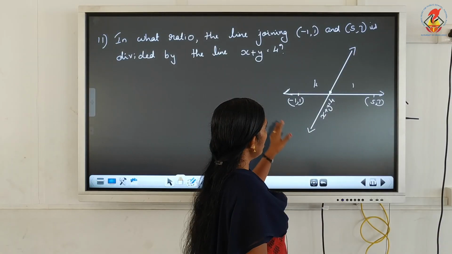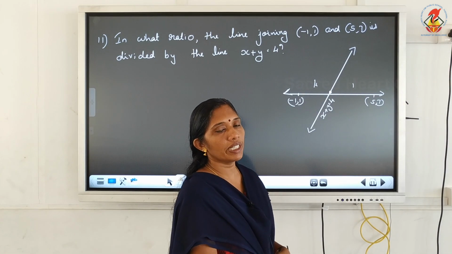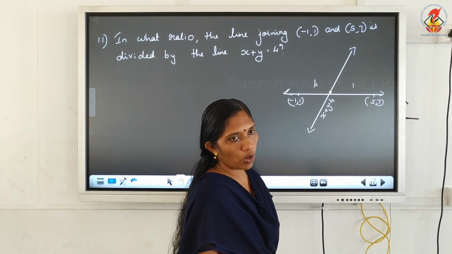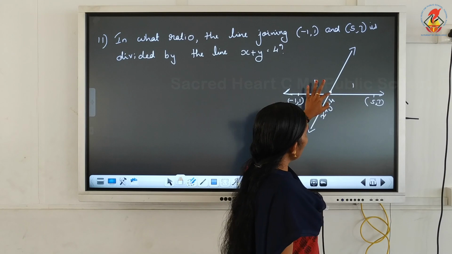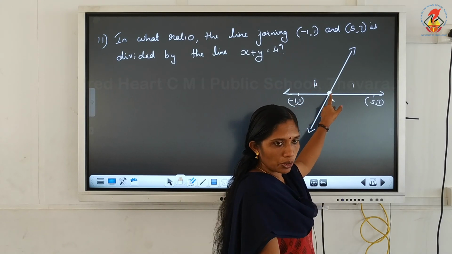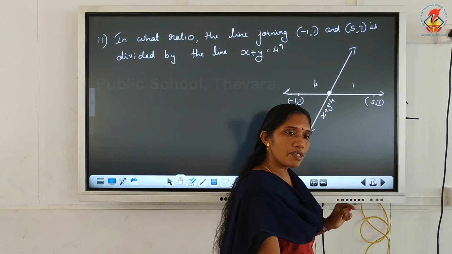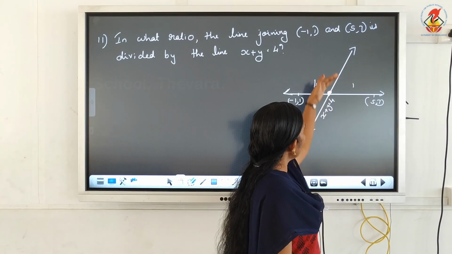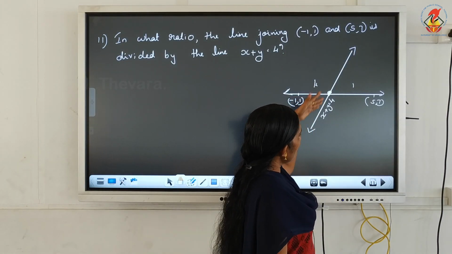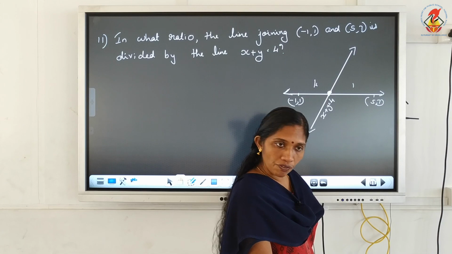So, if the question is what ratio, we take the ratio as k is to 1. Then using the section formula, we get the point of intersection in terms of k. That point lies on this line, so substitute it in the line equation, and from that you will get the value of k.